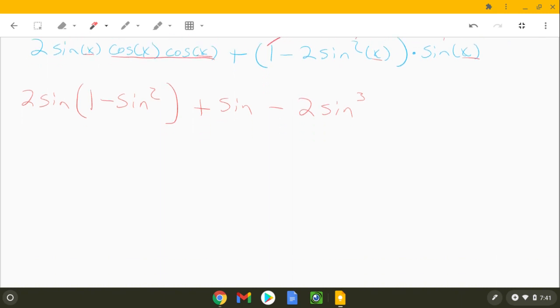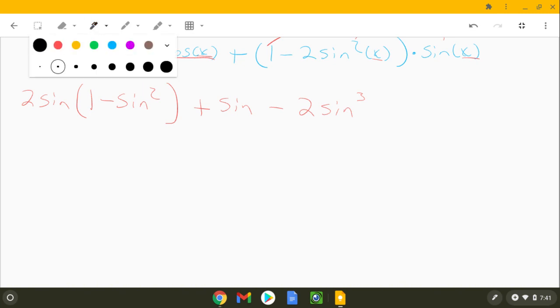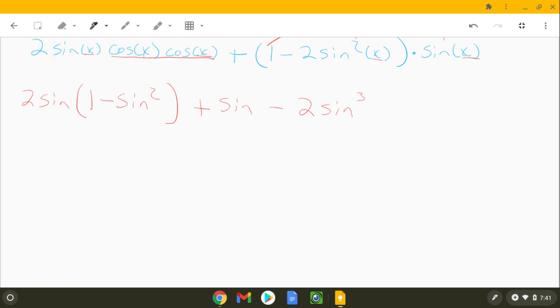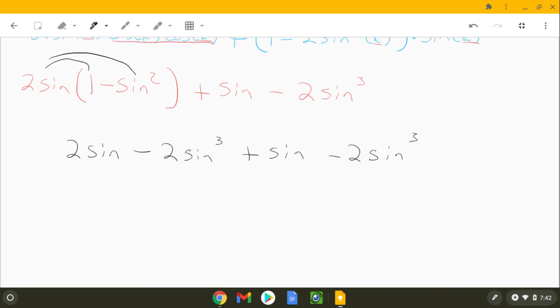We'll distribute this one on the left, the 2 sine. We'll distribute that inside. So that'll be 2 sine minus 2 sine to the third power, plus sine minus 2 sine to the third power. And I think we finally got it.